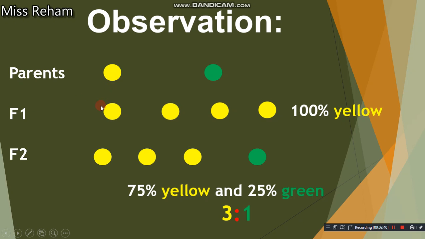Because it appears by 100% in the first generation. And he called the green seeds a recessive trait. Why? Because it disappears completely in the first generation.